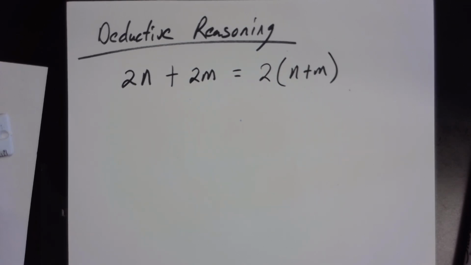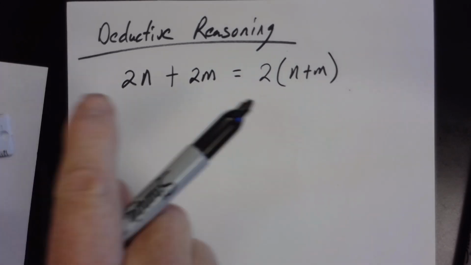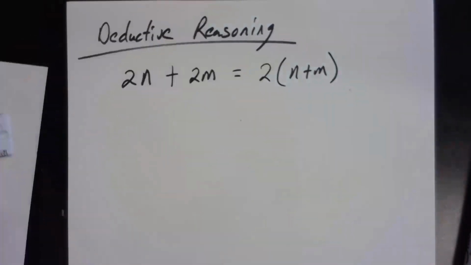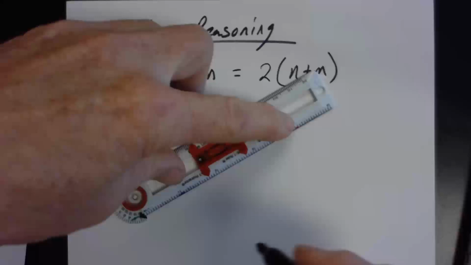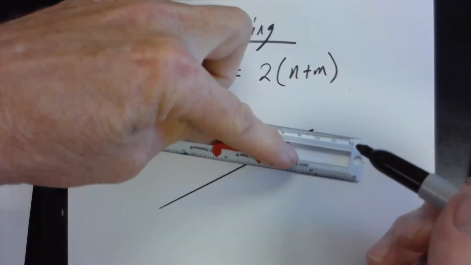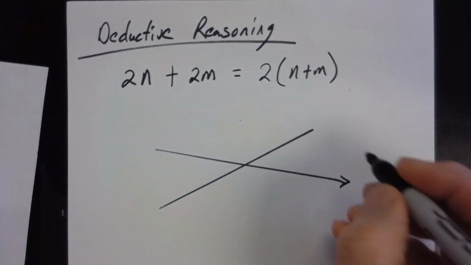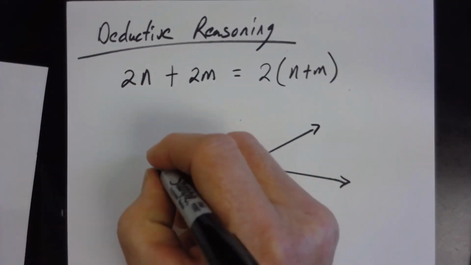So inductive, look at a pattern, say, I think this happens because it seems to always happen, right? Or it just seems like it should happen next. Deductive reasoning, logical argument to show that it actually has to be true. Okay? I did another one with you earlier. We did the vertical angle theorem. A theorem is a logical argument that shows something must be true.